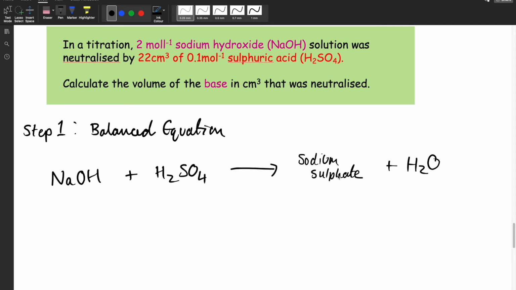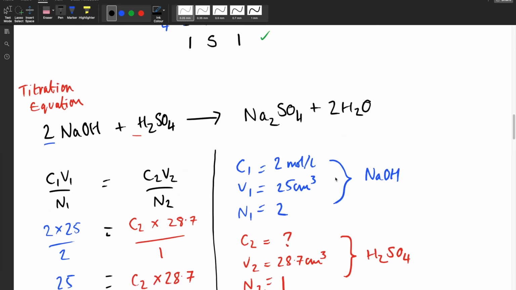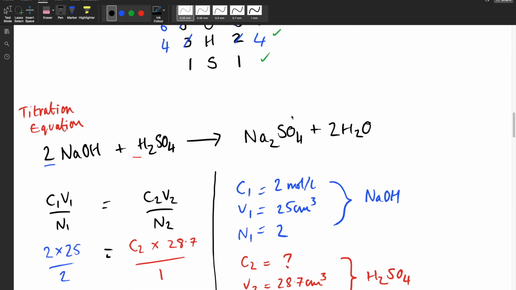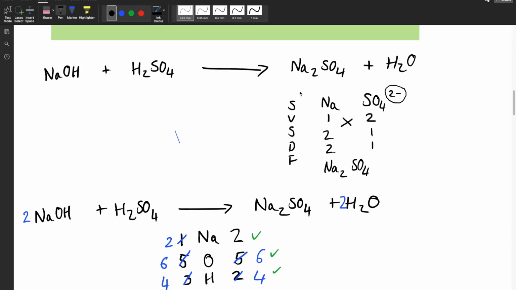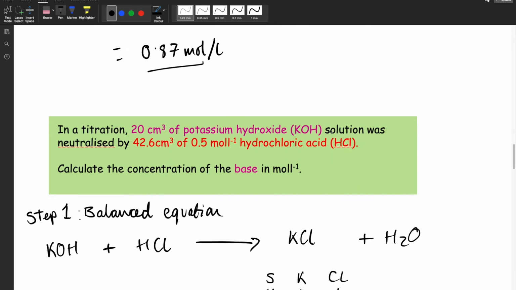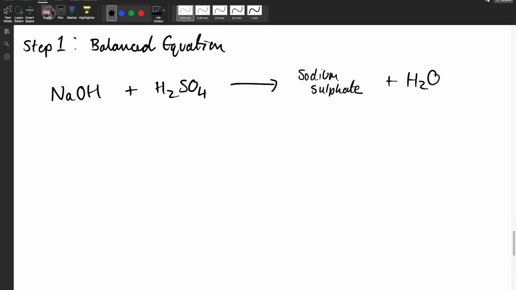Now, we are quite lucky, we have already done that in a previous question. Where is it? Sodium sulfate's there, Na2SO4. So I'm not going to go through these steps again here. I'm just going to write down this equation to save time. Okay, so we know that it's Na2SO4 for that salt there.